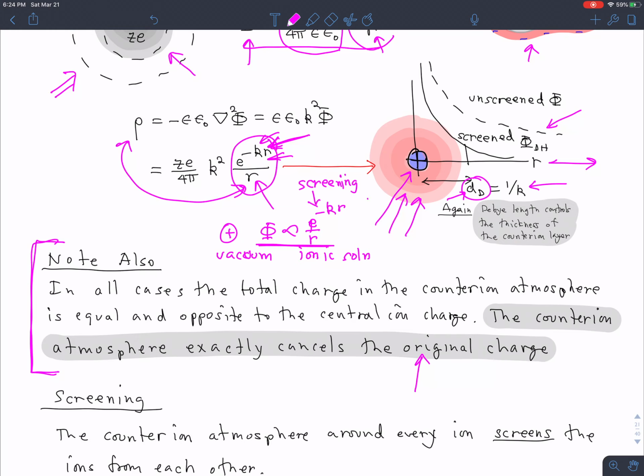So you've got a central ion of, let's say, +2 for the sake of argument. There'll be -2's worth of countercharge in that counterion atmosphere. And it will exactly cancel that central charge every time.